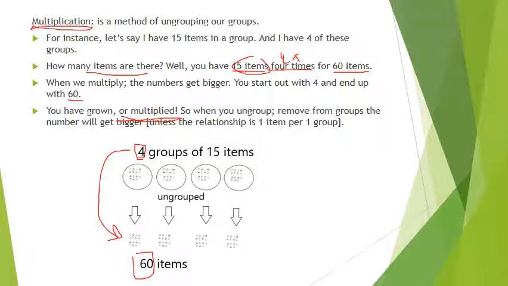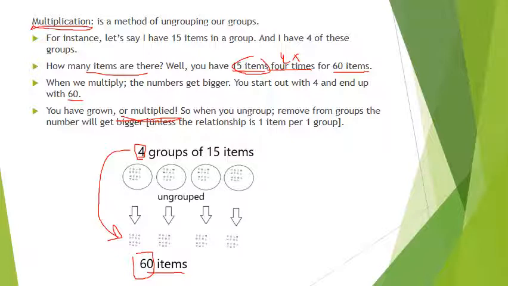When you ungroup, when you remove items from the groups, the number will always get bigger unless there's a one-to-one relationship. If you know your group and you want to ungroup it, the number will always get bigger, and that's multiplying. We'll do more of these.